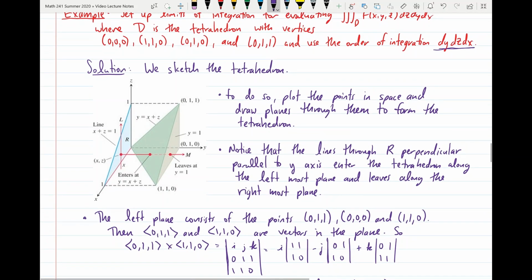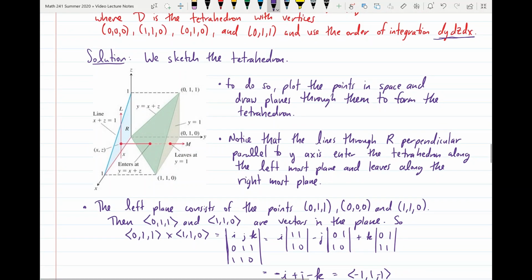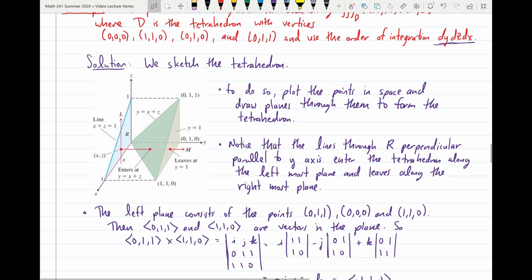All right, so again, the first thing we always do for these types of problems is to sketch the region that we're talking about. So we're going to sketch the tetrahedron in three-dimensional space here. Again, the book does a better job at sketching this kind of stuff than I do because they have computers to do it. So I just stole a picture from the book here. But if you wanted to sketch it by hand, it actually wouldn't be too bad for this region.